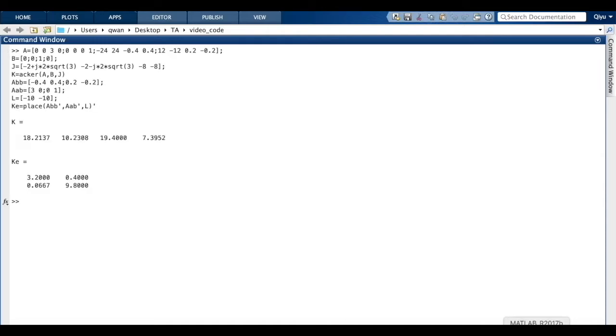Here we can see that for the 4 by 4, the state feedback gain can be computed as this 1 by 4 matrix.